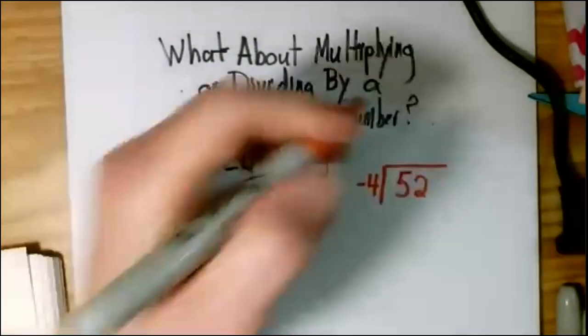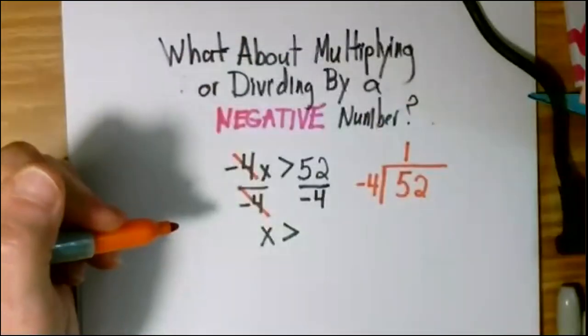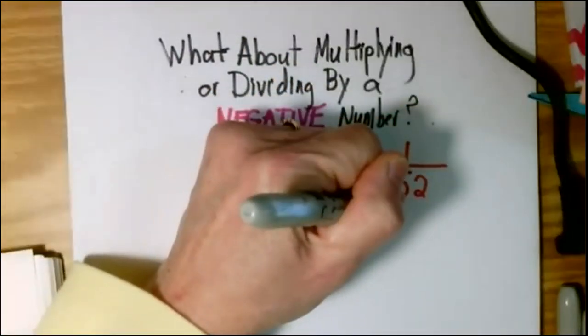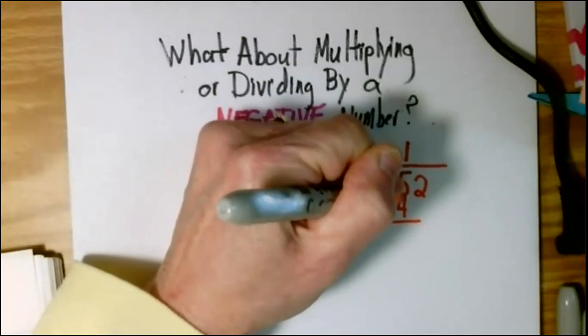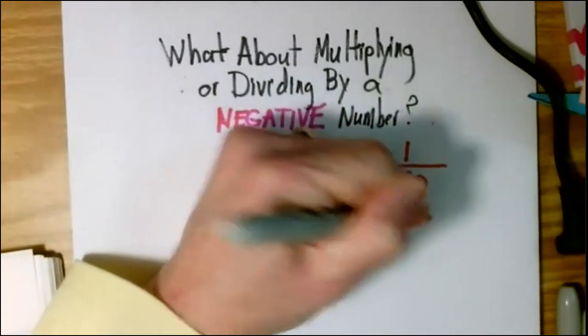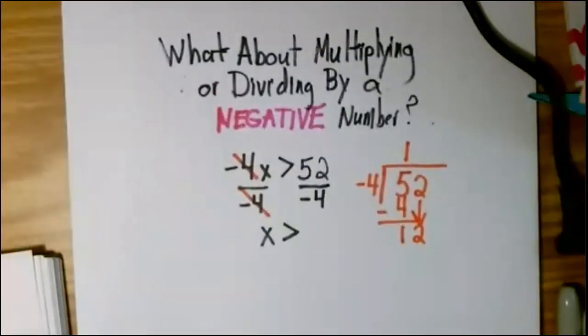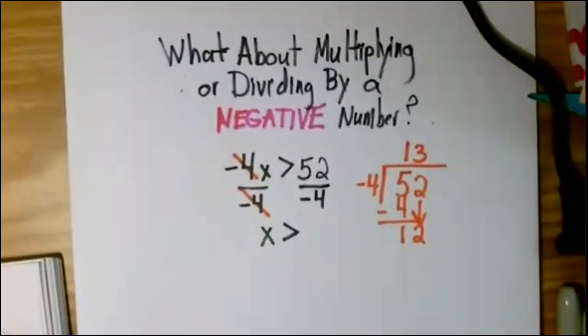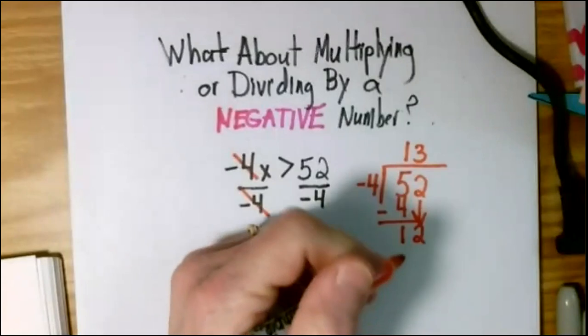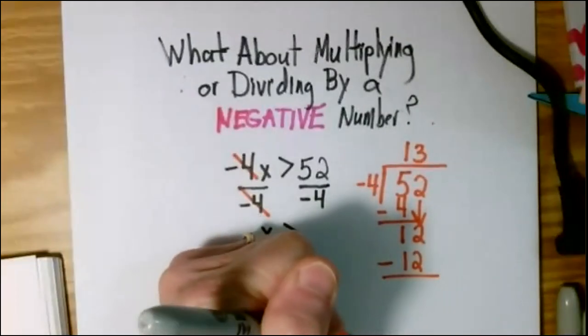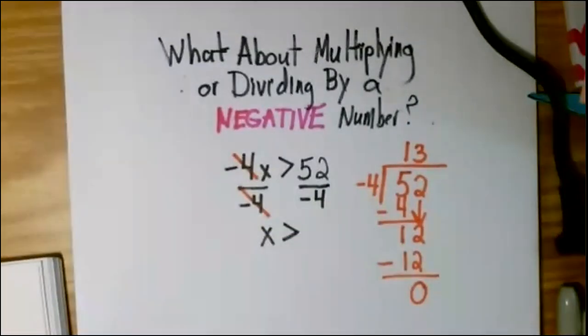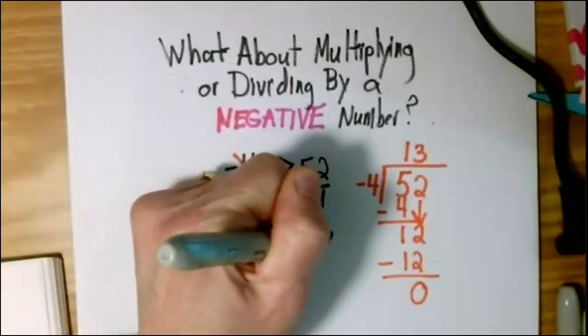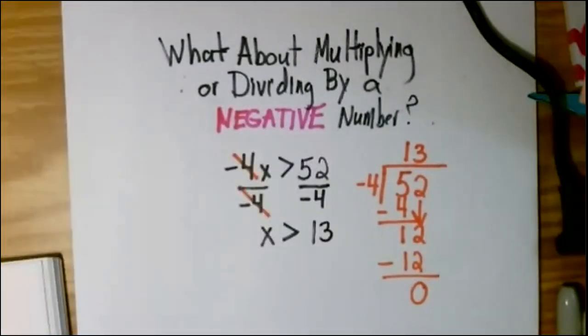Negative 4 goes into 5 one time. 4 times 1 is 4. 5 minus 4 is 1. Bring down the 2. 4 goes into 12 3 times. 3 times 4 is 12. 12 minus 12 is 0. So 13 is my answer. So x is greater than 13.